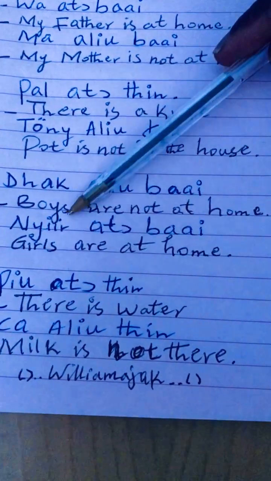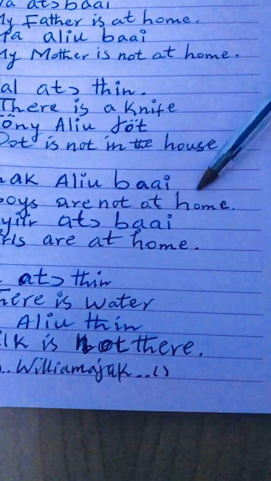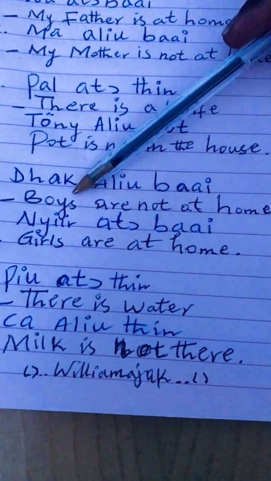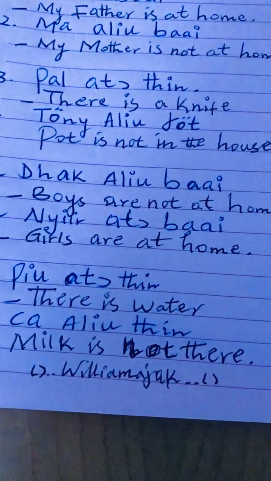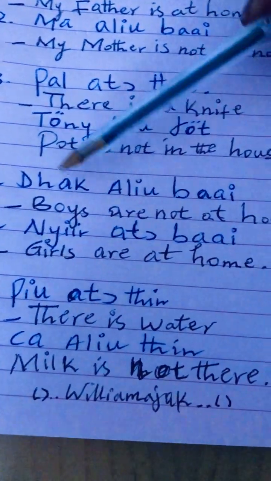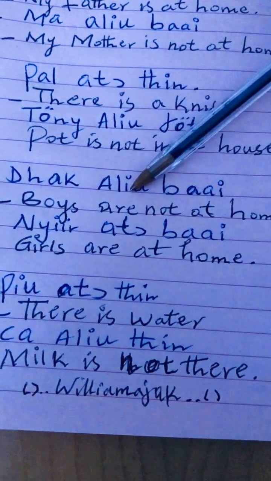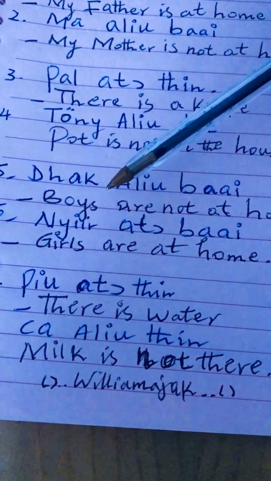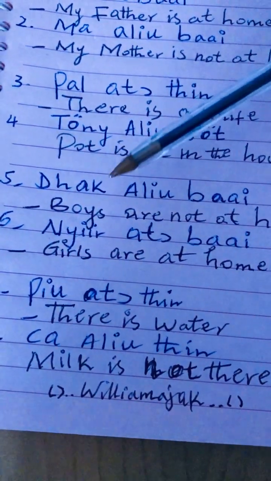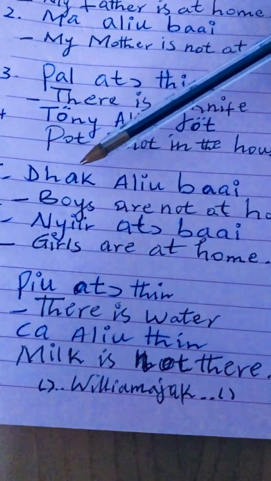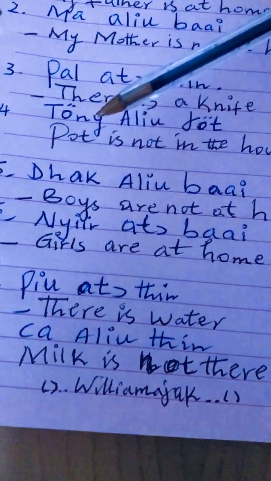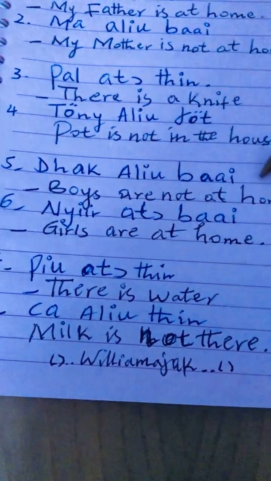That means boys are not at home, or boys are absent at home. Simple like that. If it is singular, we say dog, and if it is plural, we say dak. So we have known it, guys.